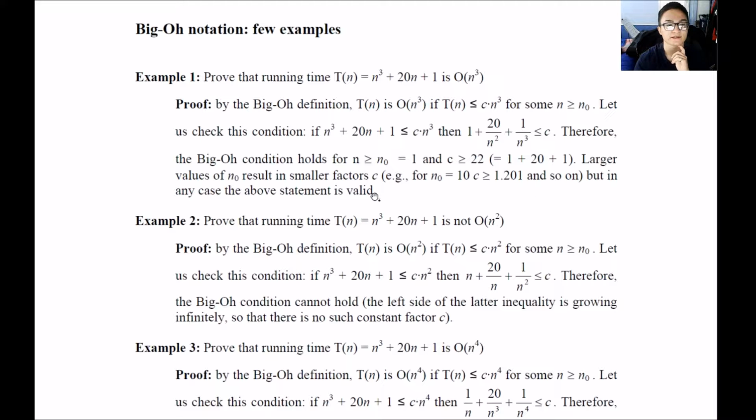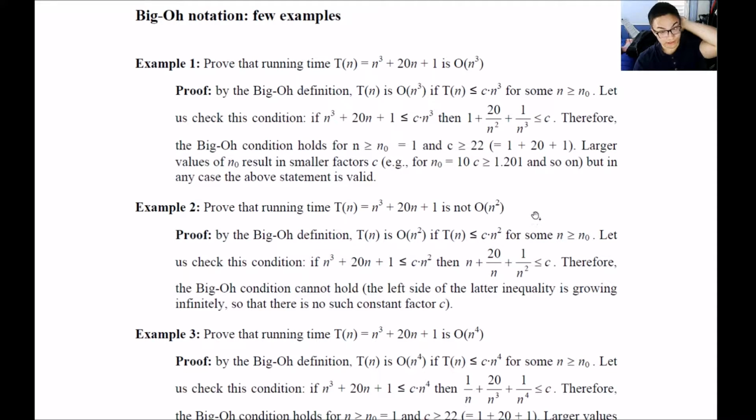You're just placing 10 for n and then solving for C. So if you put in 10, it'd be 1 plus 20 over 100, and then plus 1/1000th. So then you'd have 1.201, and so on. But in any case, the above statement is valid.